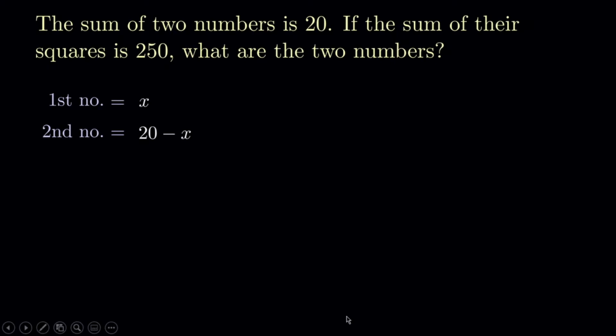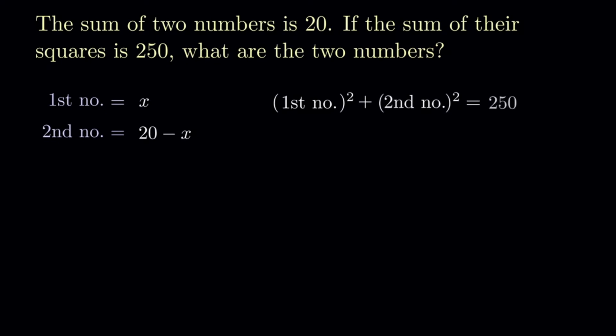Next, we will set up the equation. We can use the statement here that the sum of the squares of the two numbers is 250. So, the square of the first number plus the square of the second number equals 250.